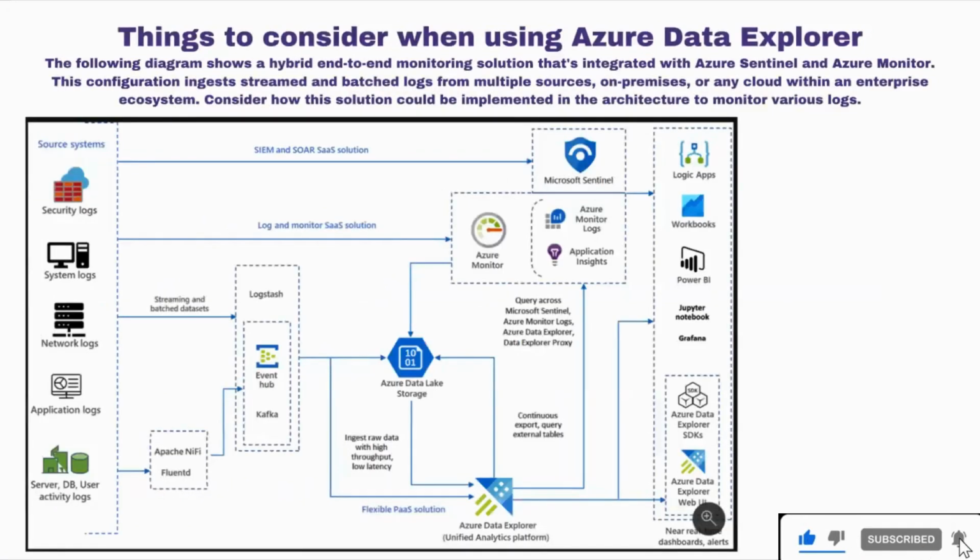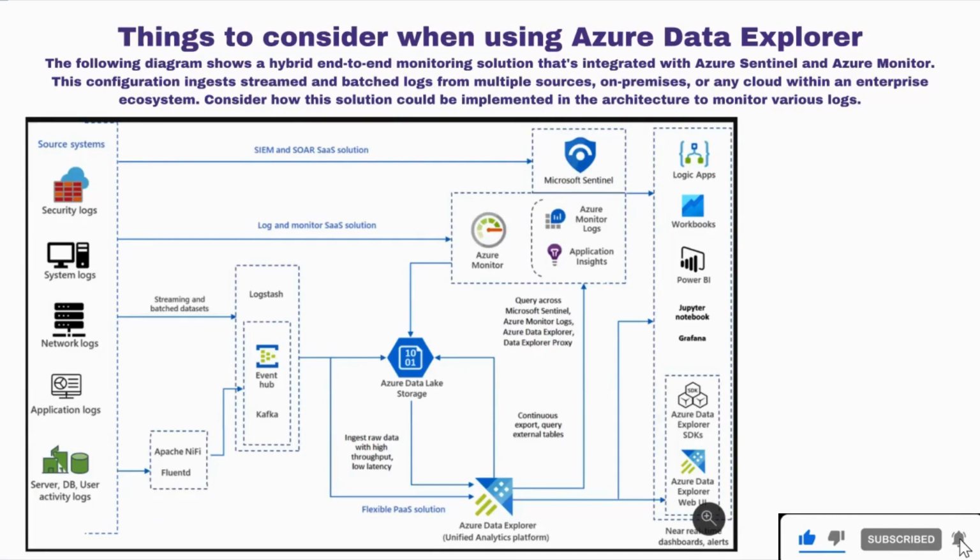So when you have to use Azure Data Explorer, right? This diagram shows a hybrid end-to-end monitoring solution that integrates with Azure Sentinel and Azure Monitor. This configuration ingests stream and batch logs from multiple sources. You can see here security, system, network logs, application logs, server DB, user activity, everything.